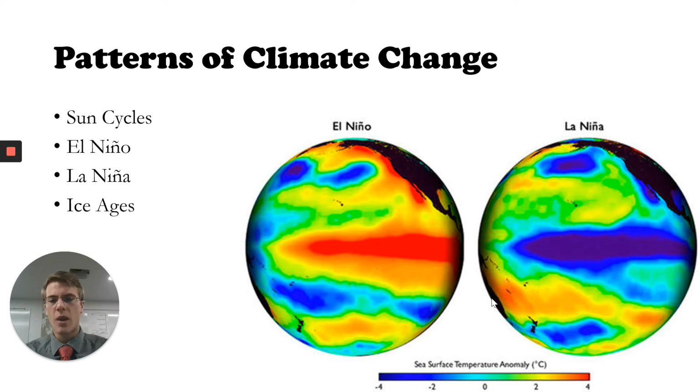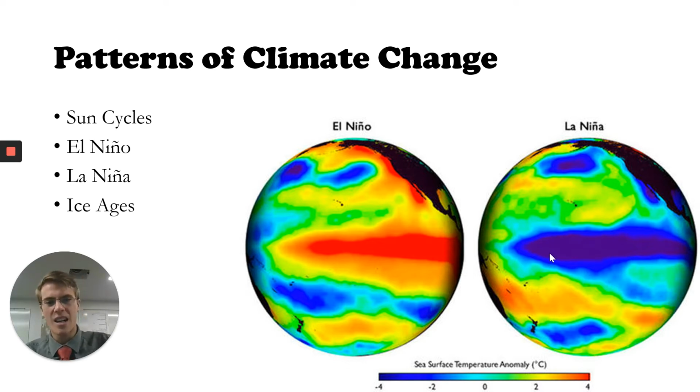Based on the number of sunspots at that time will determine the amount of sunlight energy that reaches the earth and stays there. There's also El Nino and La Nina, which are two seasons that are interconnected and they rotate between each other. These are pictured on the right. The El Nino, you can see in the middle here, has kind of a red strip, and that is indicating a high water temperature.